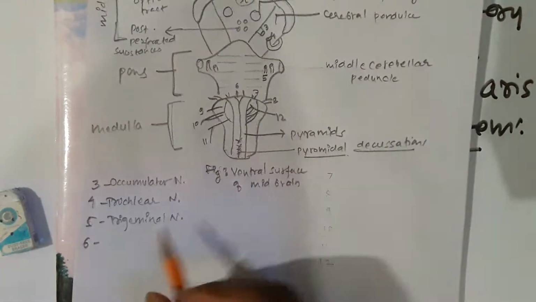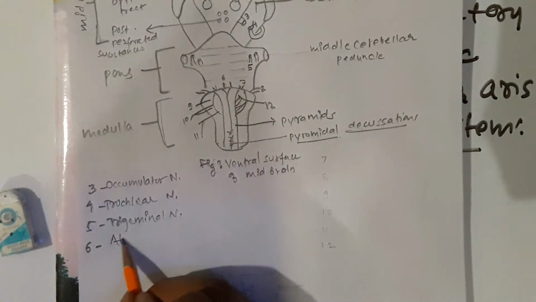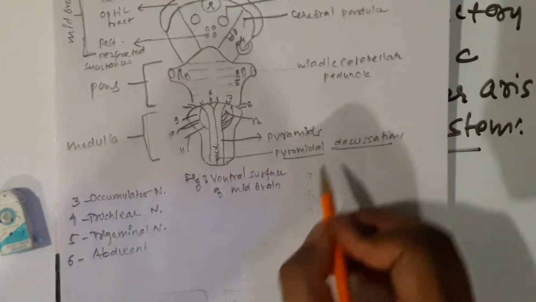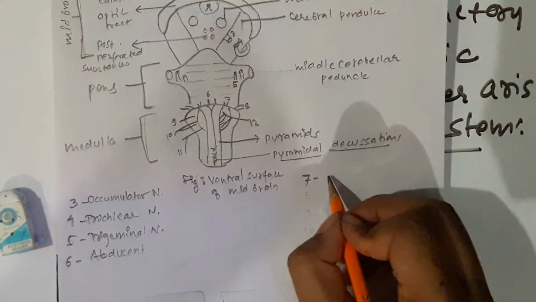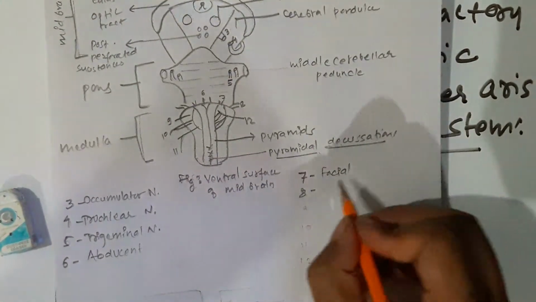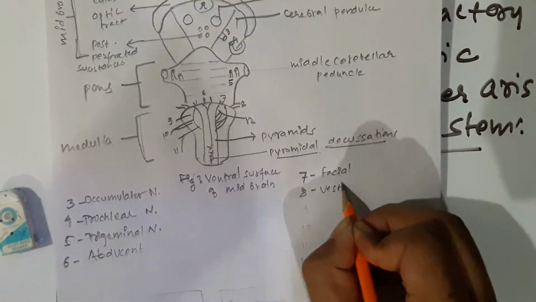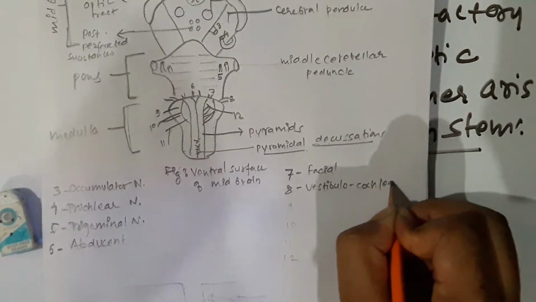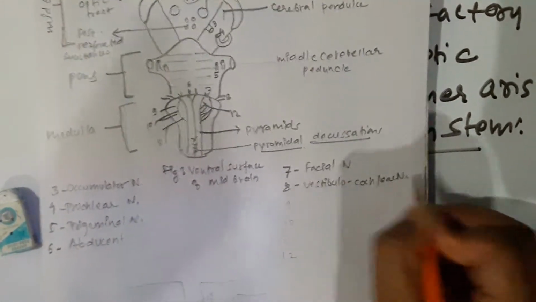So 6th is the abducent nerve, 7 is the facial, 8 is the vestibulocochlear nerve.